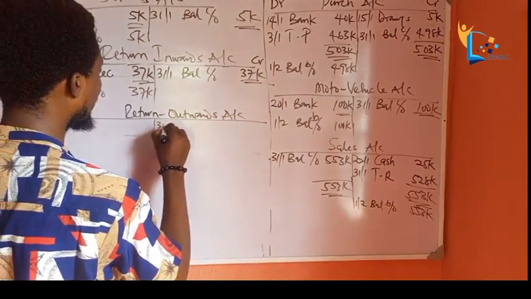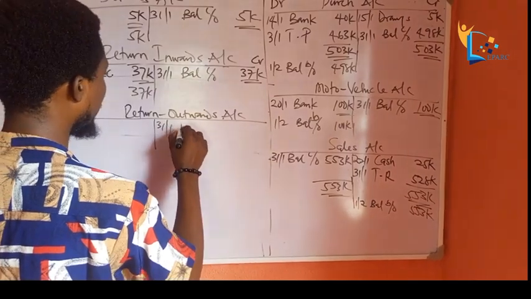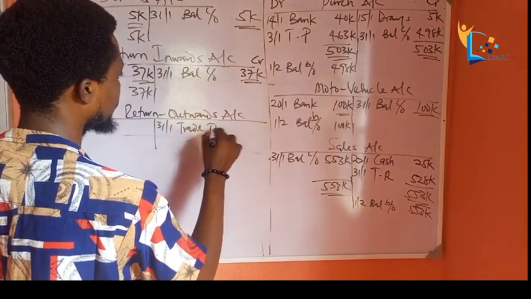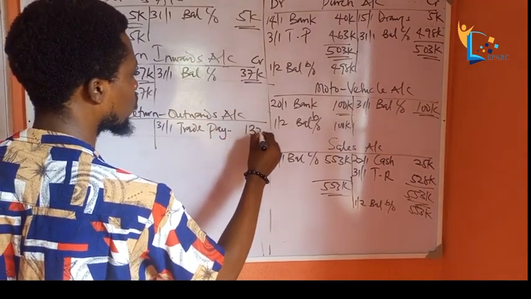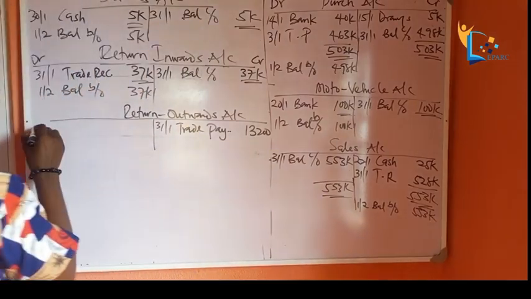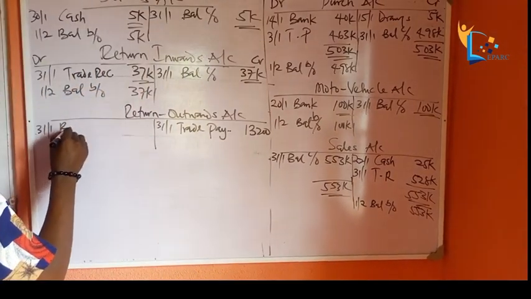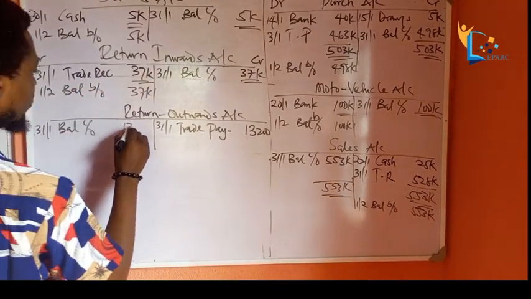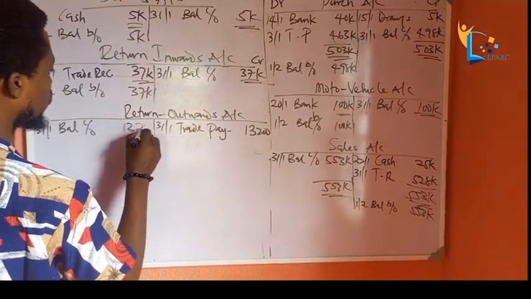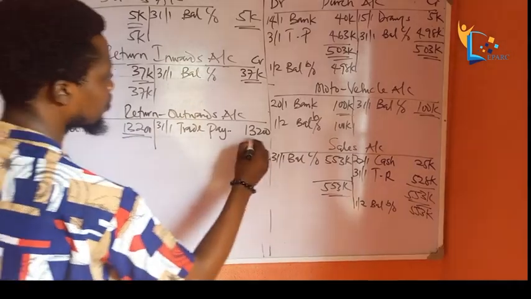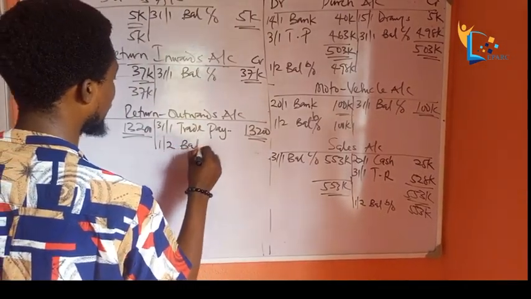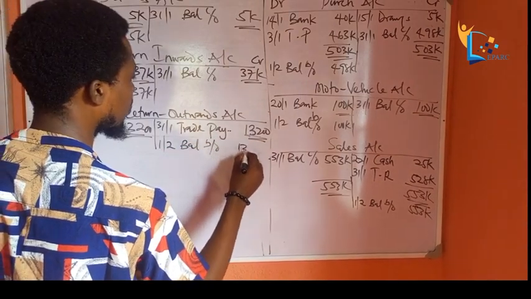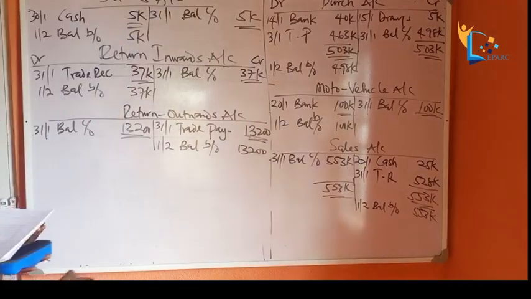So we have 31st of January, which is trade payable, 13,200. Then 31st of January, balance carried down, 13,200. So we have 1st of February, balance brought down, 13,200.